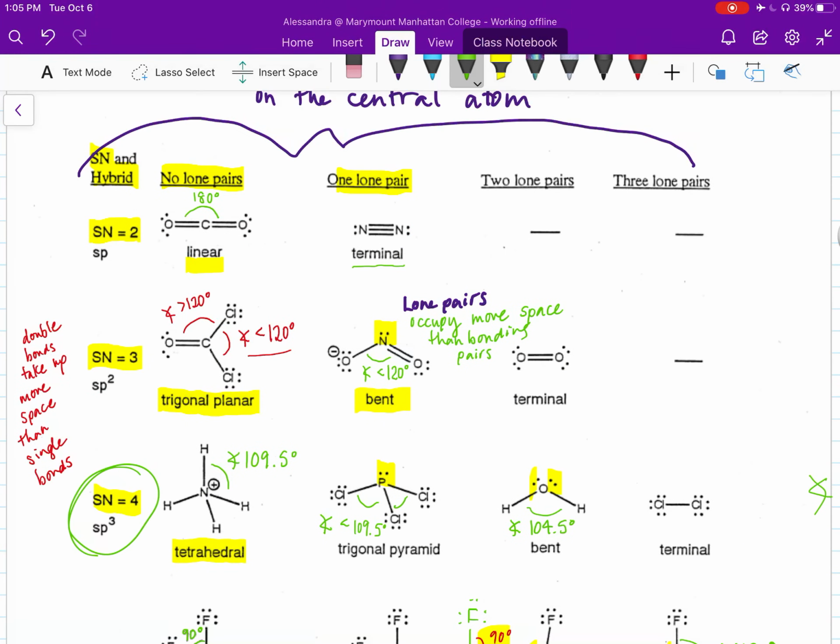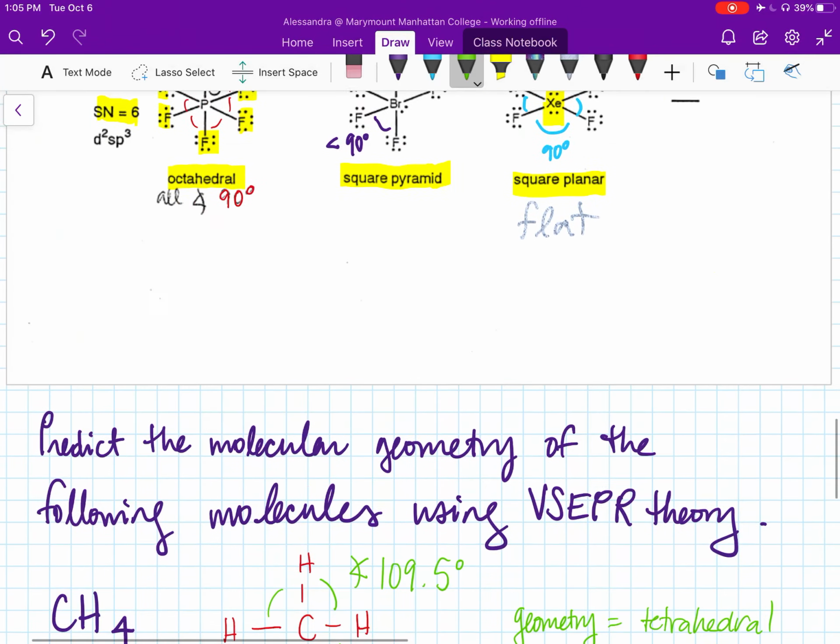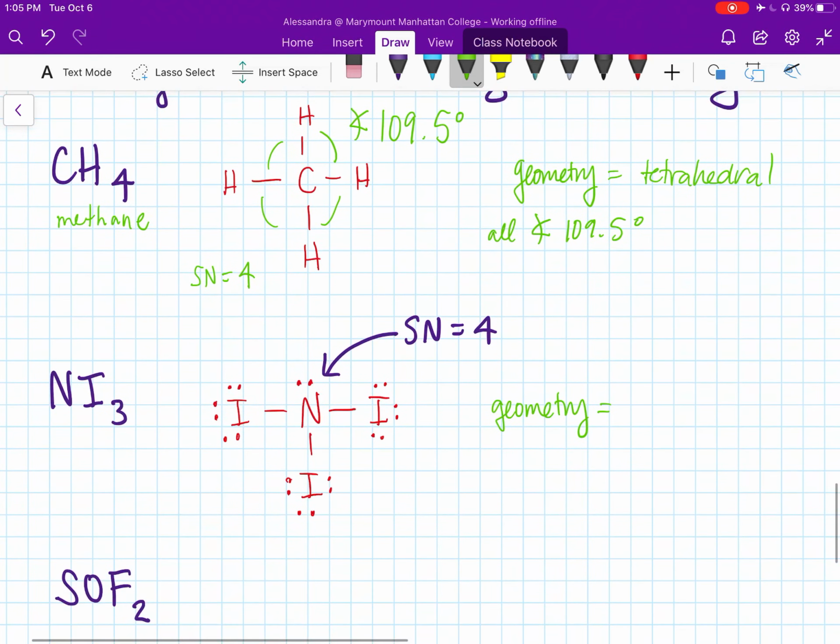So that would be kind of like this one, the trigonal pyramidal geometry. The bond angles are going to be like the bond angles in a tetrahedron, but slightly compressed because remember, the lone pair takes up more space than the bonding pairs. So the geometry is a trigonal pyramid.